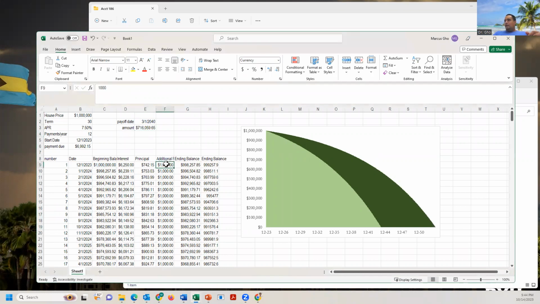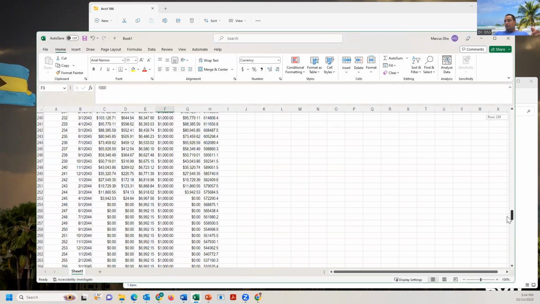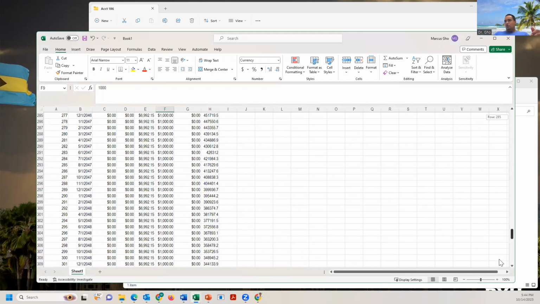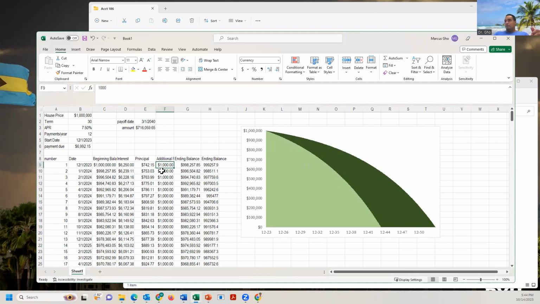If I add an additional $1,000 in here, that makes the payoff date a lot sooner. I should maybe write a formula for that. But that means we're paying off the entire loan in 2044. That's almost 9 years earlier by paying it early.